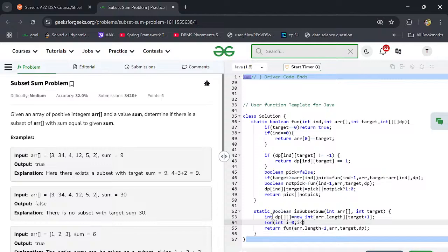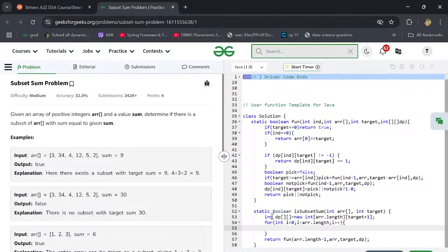Let's see how it goes. For target equal to 0, i less than arr.length, i++, dp of i and target 0 is equal to true, right? Let's assign it 1.